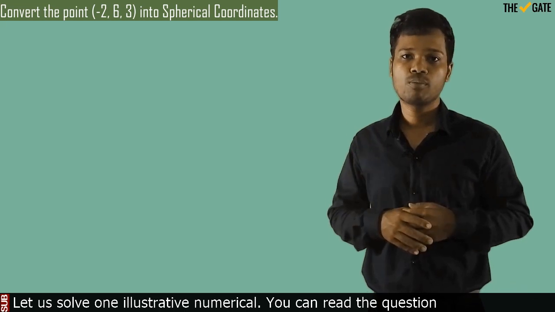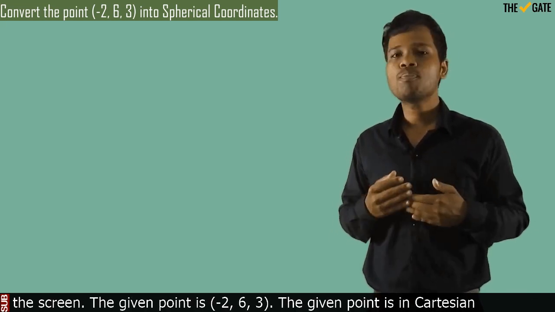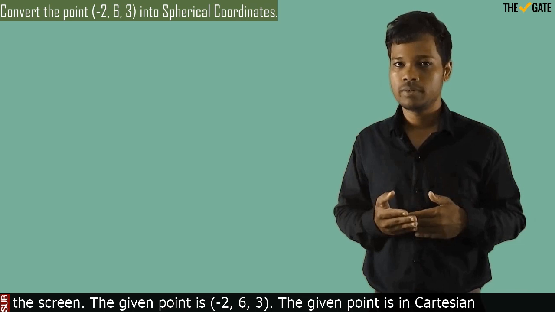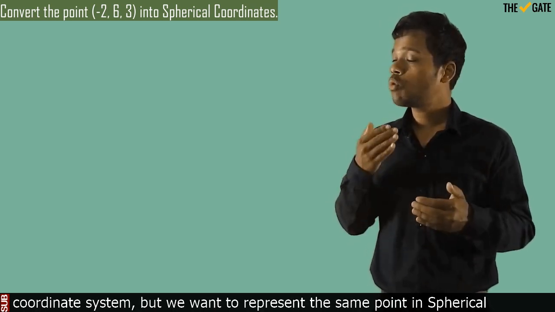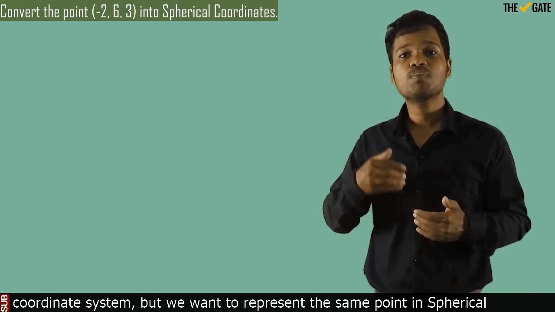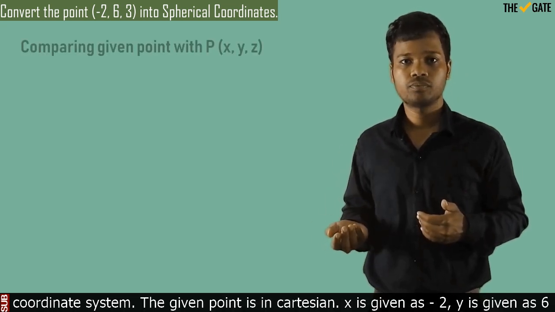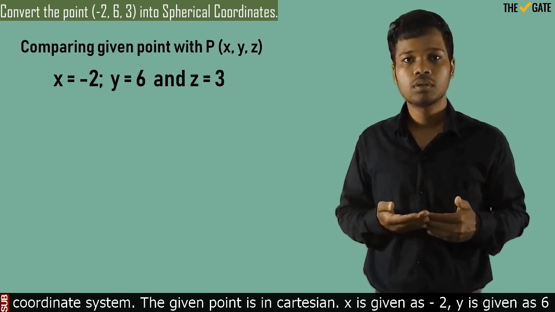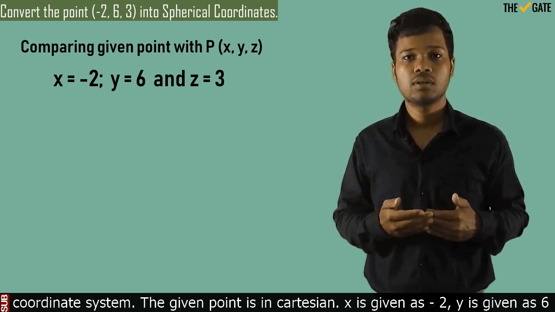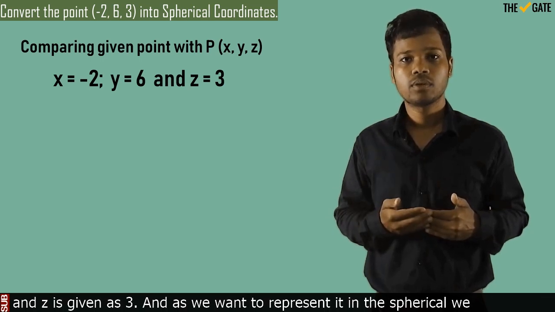You can read the question from your screen. The given point is -2, 6, 3. The given point is in the Cartesian coordinate system. But we want to represent the same point in the spherical coordinate system. The given point is in Cartesian, x is given as -2, y is given as 6 and z is given as 3.